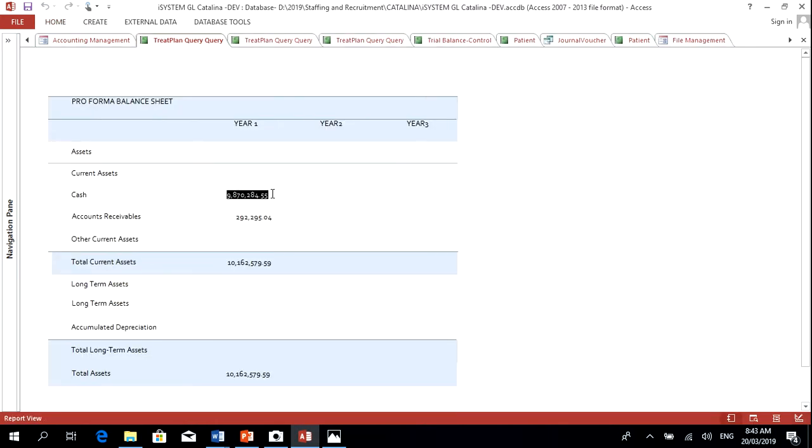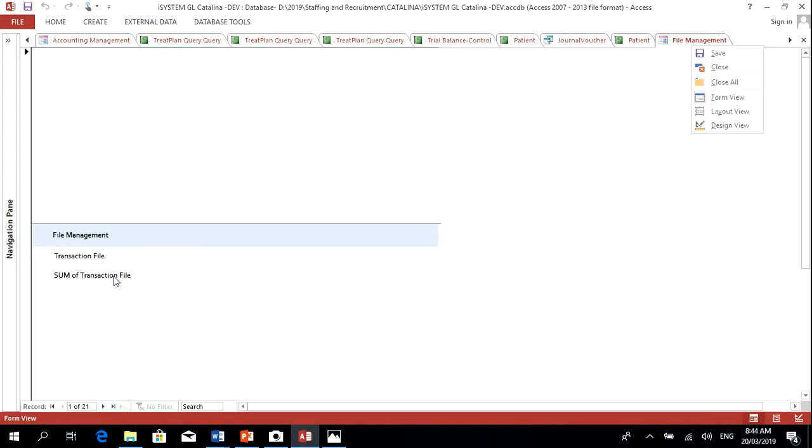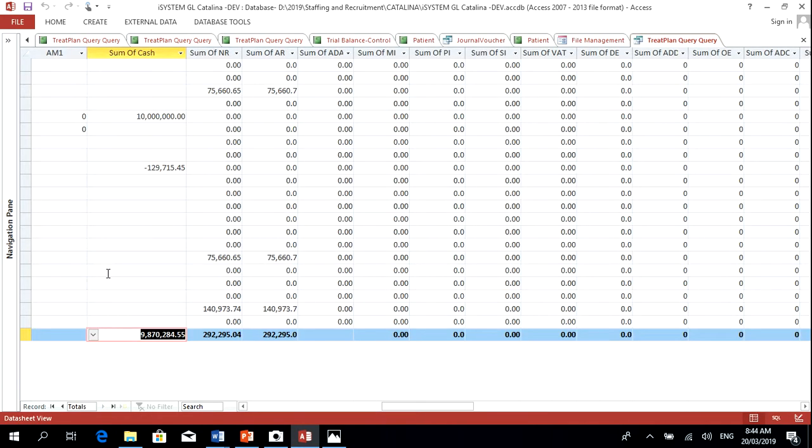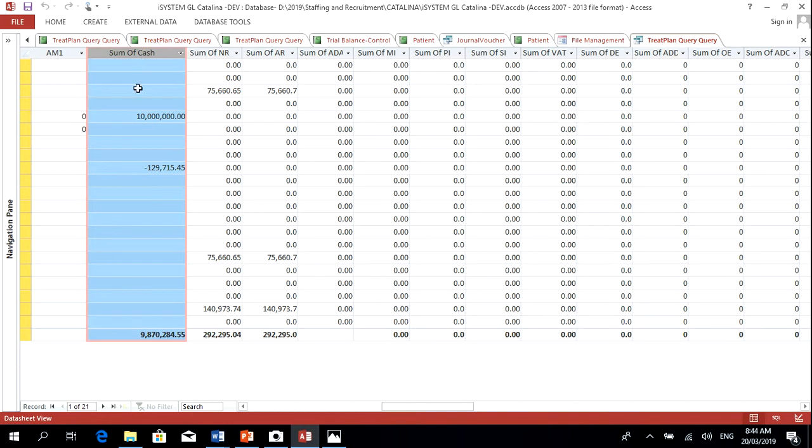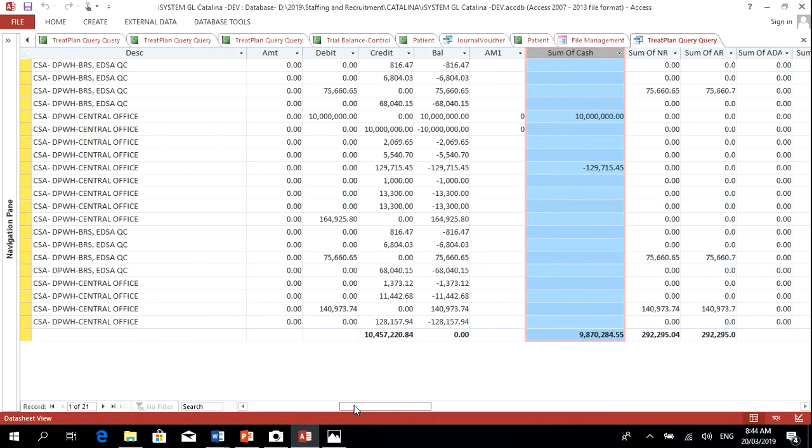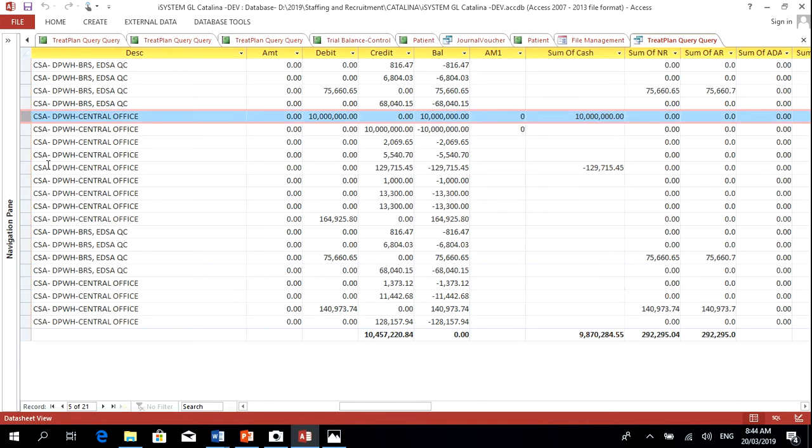You see that amount? It's the same amount we've taken from this file. Now if you notice, it's in the column of sum of cash. Now the two transactions, you can already see it here. It came from this transaction file.